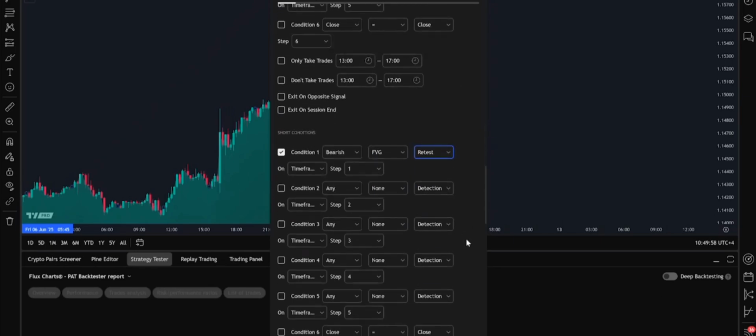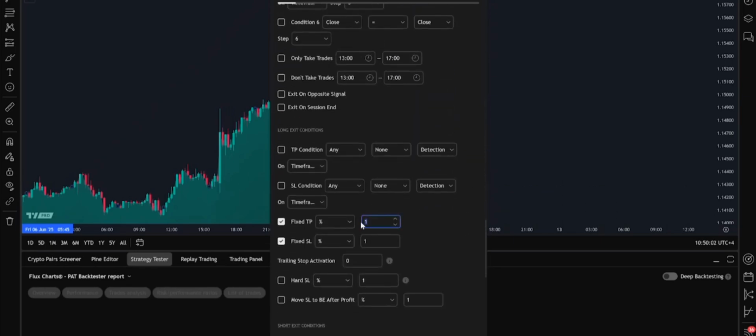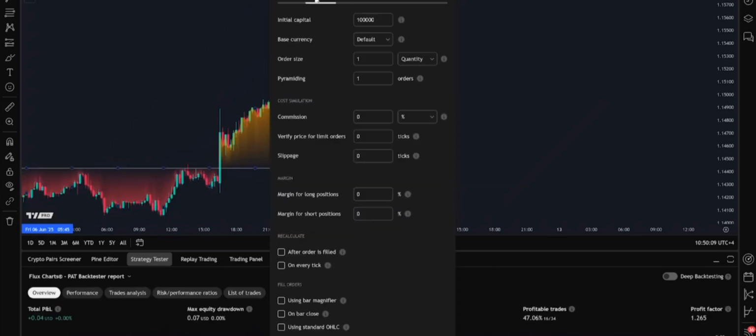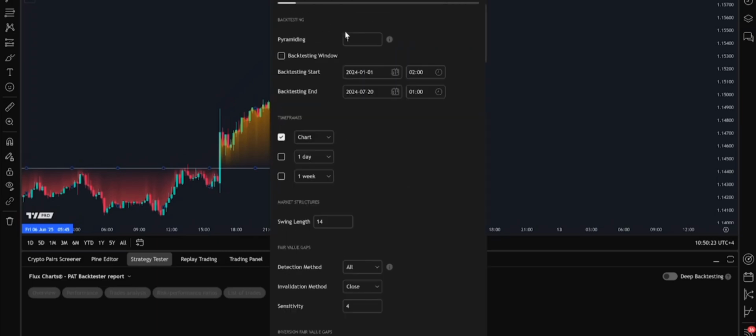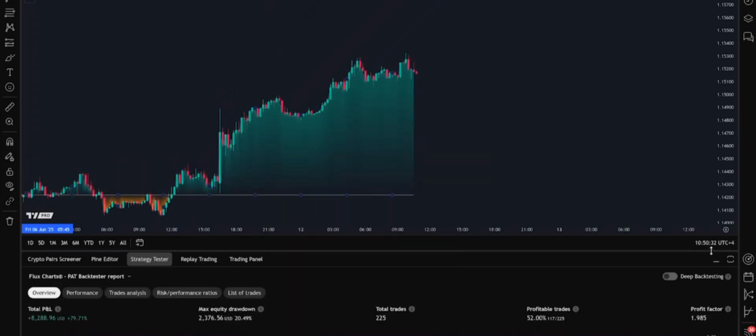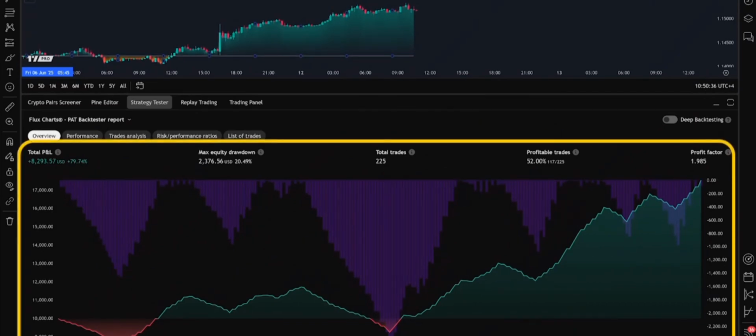Similarly, we'd apply the same rules for the short setup. We then define a solid risk-to-reward ratio, such as 1:2, for both entries. Next, we set our initial deposit, the risk per trade, and the maximum number of successive orders allowed. And that's it. You'll have the full backtesting results in a matter of seconds.